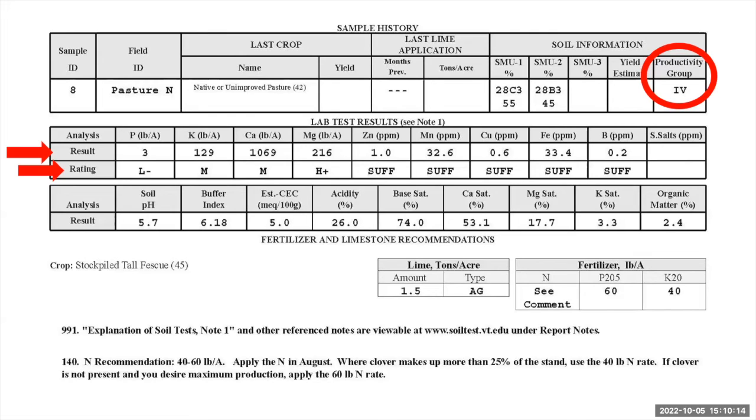However, the lab still may recommend a fertilizer application just based on crop removal, just trying to replace whatever the crop is going to remove during that growing season. So for our phosphorus, potassium, calcium, magnesium, those ratings are going to be low, medium, or high with minuses or pluses. For our micronutrients, it's just going to be sufficient or insufficient.